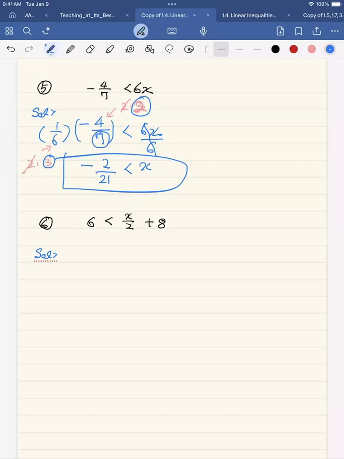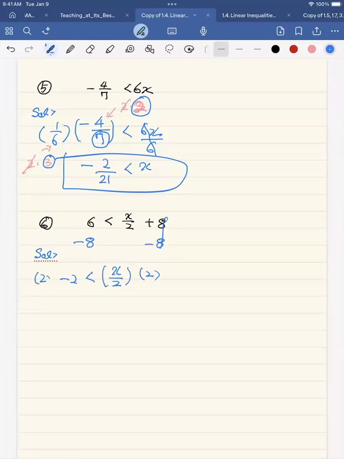In the next problem, we want to solve 6 is less than x/2 plus 8. So we have to subtract 8 on both sides as we were solving the equation. Then we have -2 on the left side and x/2 on the right side.